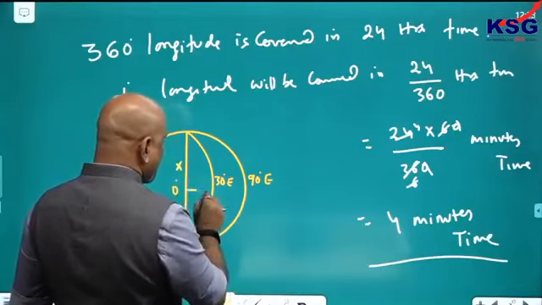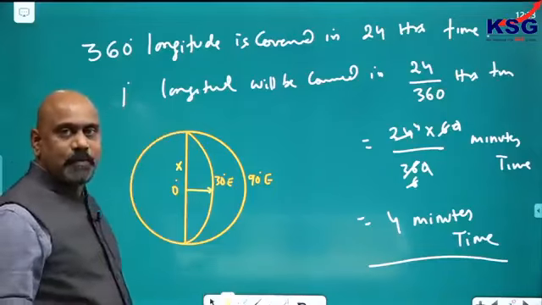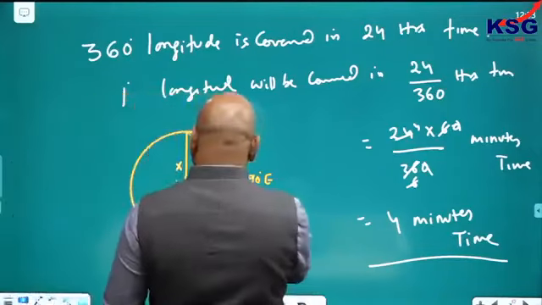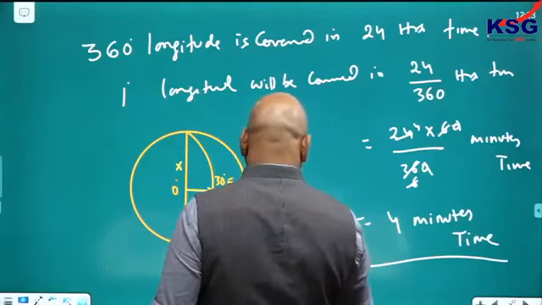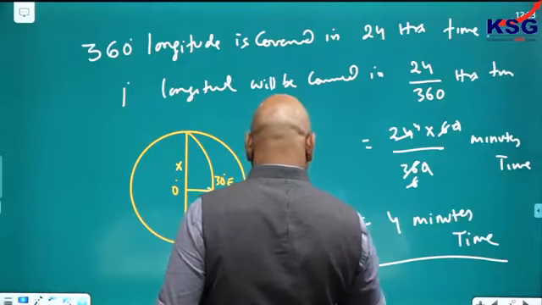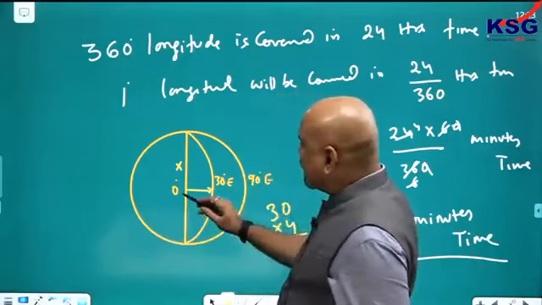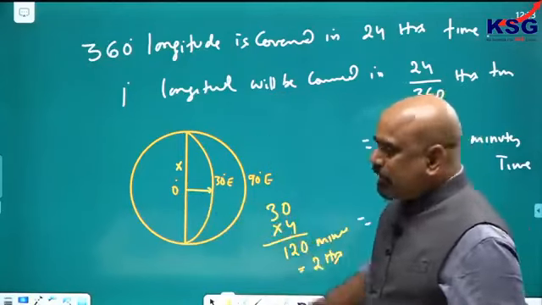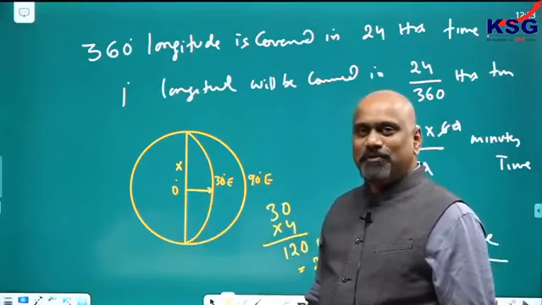So what will be the difference at 30 degree? The time difference will be 30 into 4, I mean 120 minutes, which equals 2 hours. Time difference between 0 degree and 30 degree will be 2 hours. Will it be ahead or behind? You need to see this.